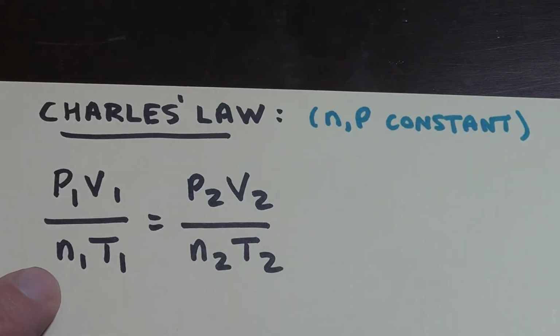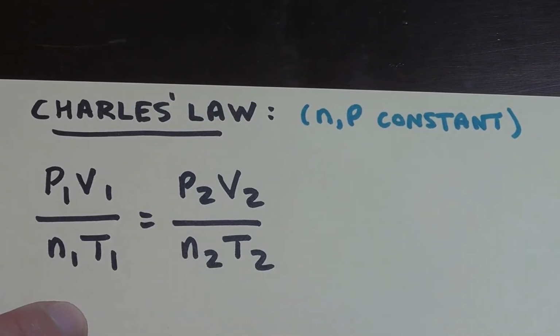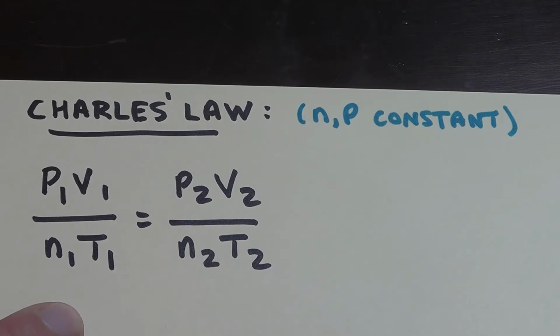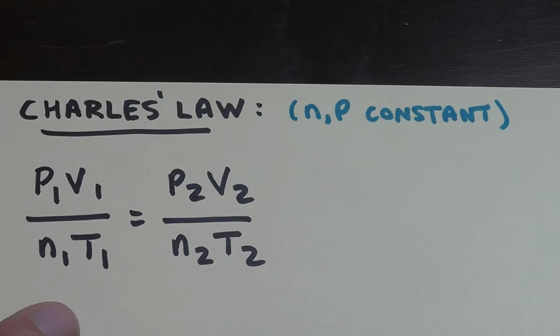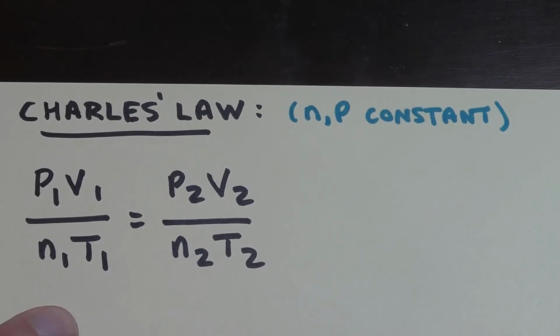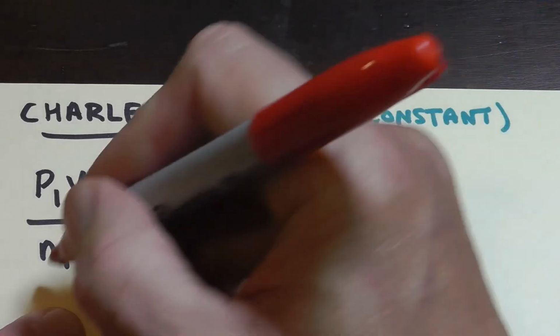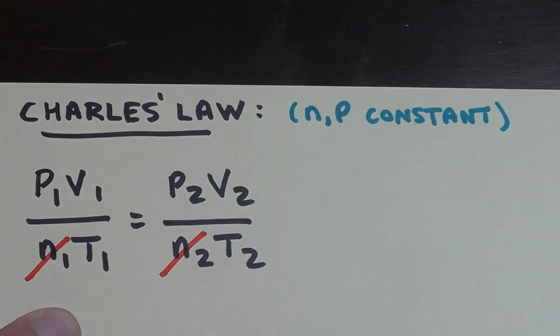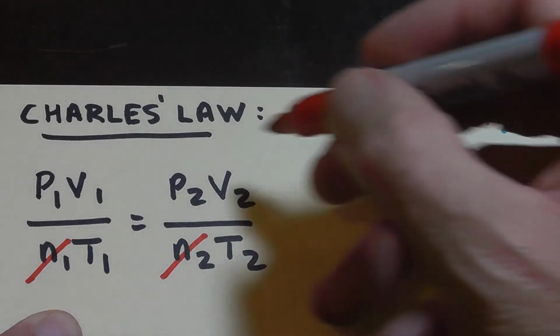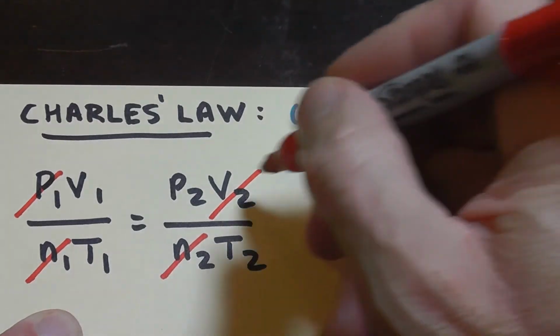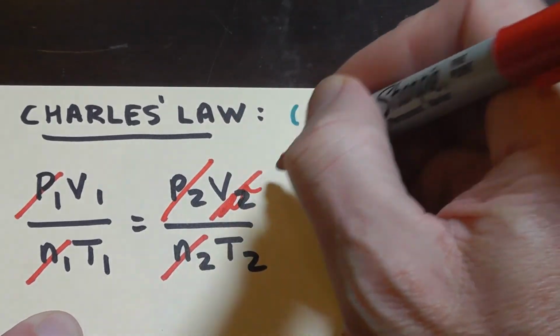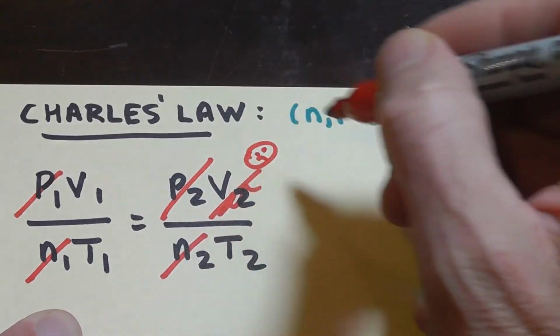Finally, Charles' law. What happens to a gas if I heat it up and its pressure is constant, like a bubble or a balloon? N is constant because the container isn't leaking or being added to. Pressure is constant. Oh, darn, that was supposed to be this. Sorry, that was me goofing up.